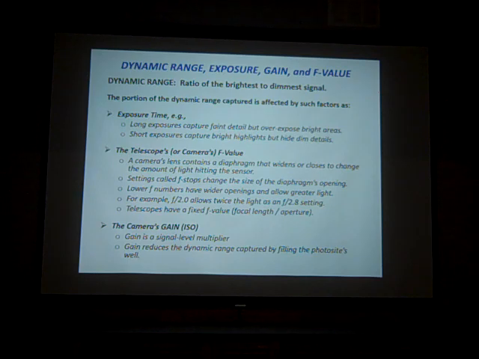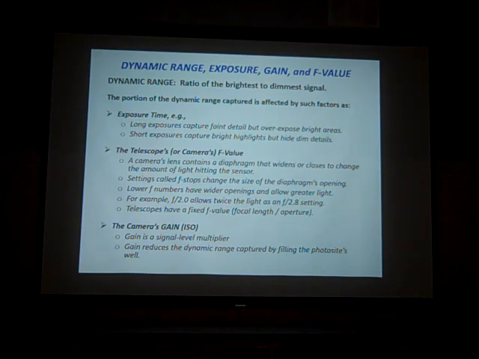Now, we can use this to our advantage. Let's say that we're out there and we want to capture an object, and there's a lot of motion, a lot of turbulence in the atmosphere, or we're concerned about star trails and all of that. We could decrease exposure time and increase the opening on the f value.